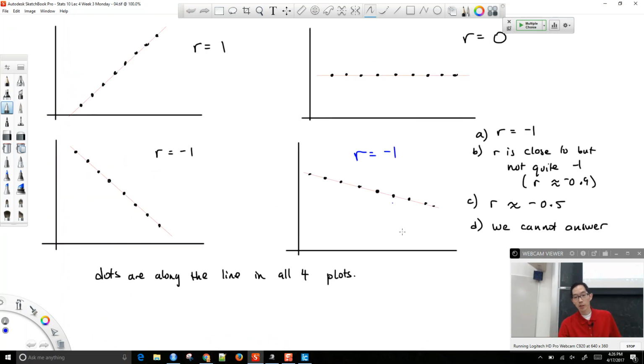So over here, if I give you a particular value x right here and ask you to make a prediction for y, you can make a very precise estimate of what y will be. There's no scatter around the plot, so the correlation is -1.